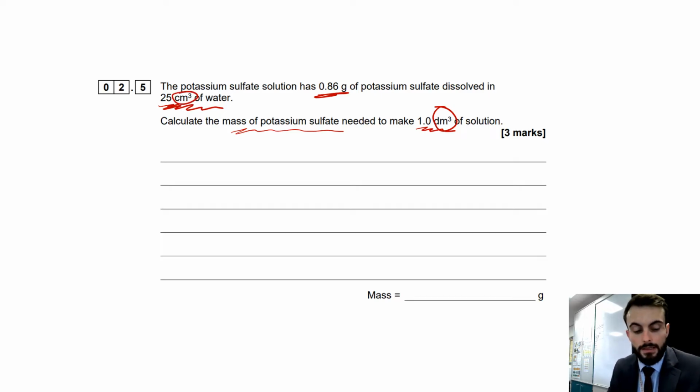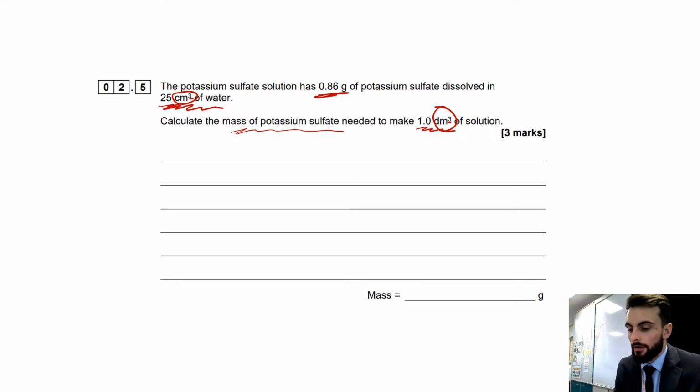So you need to think about how to convert one of them into the other unit to make sure they're both the same before you can do anything further. I would just turn centimeters cubed into decimeters cubed. The thing that stumps everybody for this one is that it is cubed. A decimeter is just 10 centimeters, but because we're talking about volume, it's going to be cubed, so 10 times 10 times 10, which is 1,000.